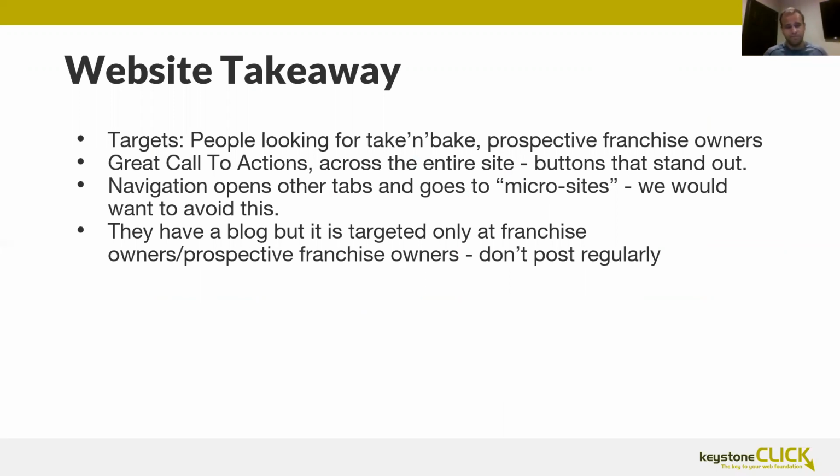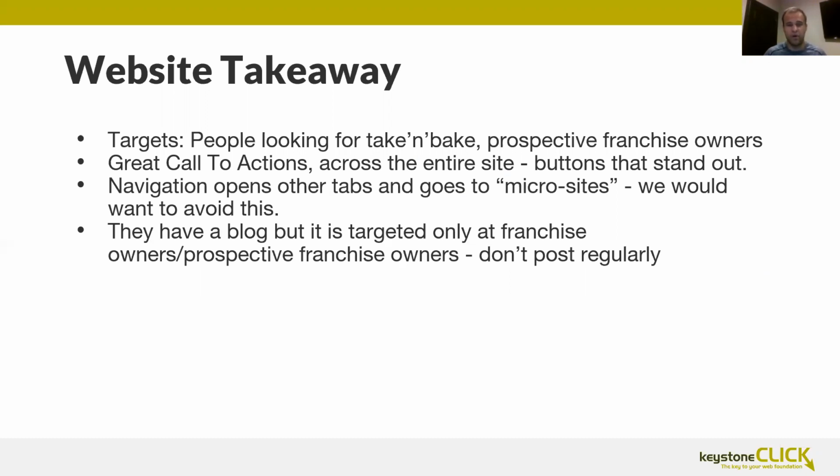We also do a really good analysis of call to actions, which are, dare I say, the most important part of a website. This is where you're going to get people in, and where you can start making sales or connecting with people, whatever your call to action might be for that site. So we look at the buttons, we look at if they're good, if they're bad, if they're hidden.